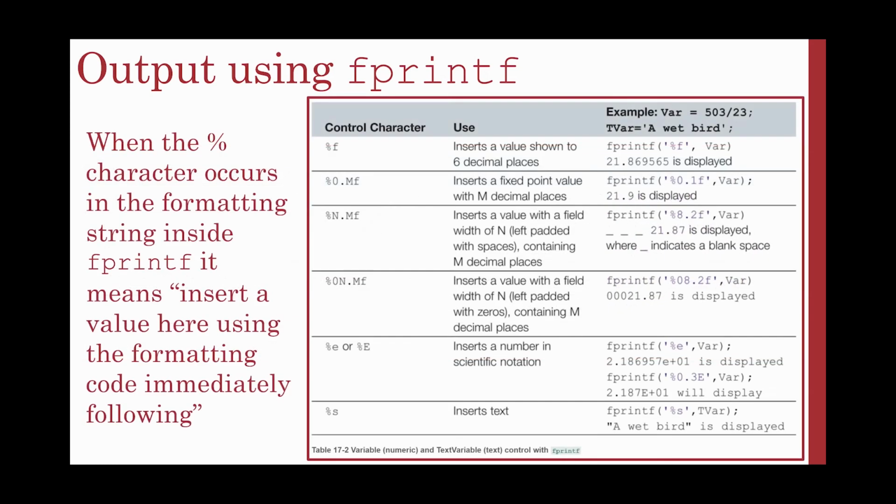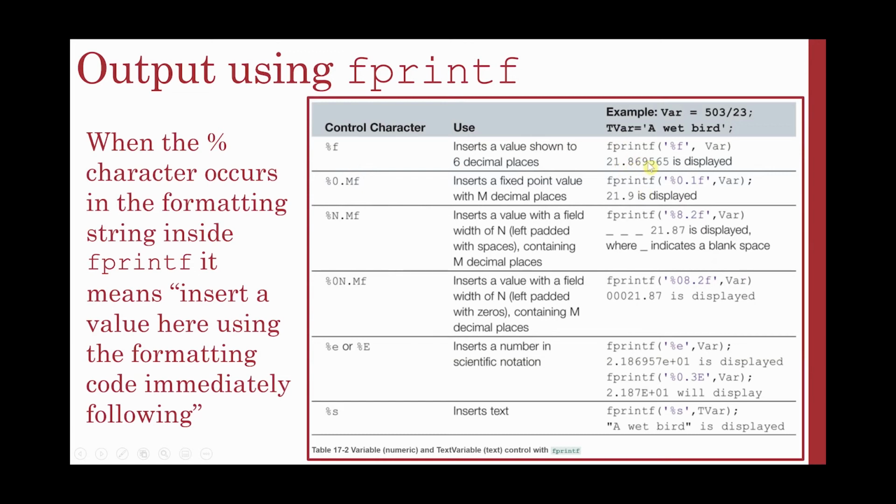So using fprintf, when the percent character occurs in the formatting string inside of fprintf, it means to insert a value here using the formatting code immediately following. What does that mean? Well, %f will insert the value shown to 6 decimal places.